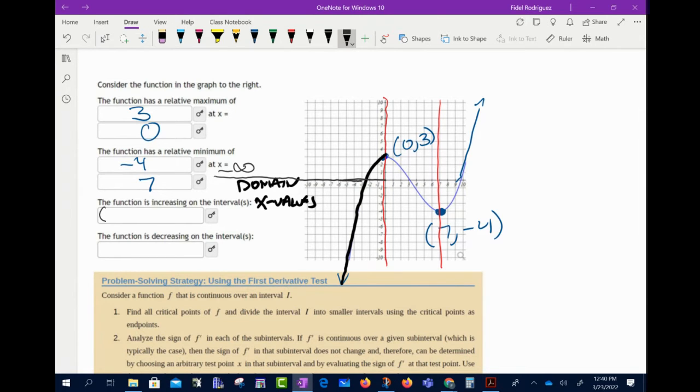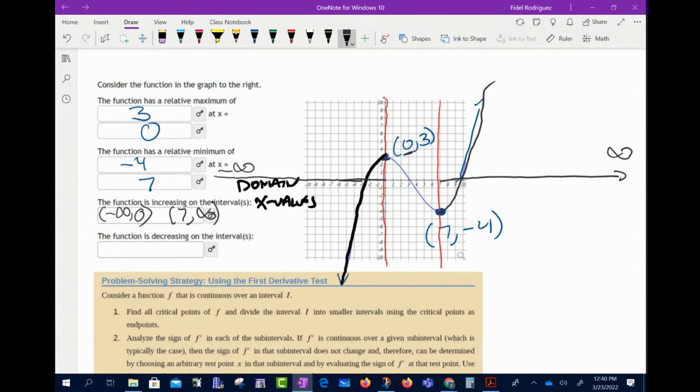So it's increasing from negative infinity all the way until we hit this x value of 0, okay? Y'all, the function begins to increase again as I move to the right, because the function is going up. So it's going to increase from 7 all the way to where? Positive infinity, right? So we're going to say it's going to increase from 7 to infinity.